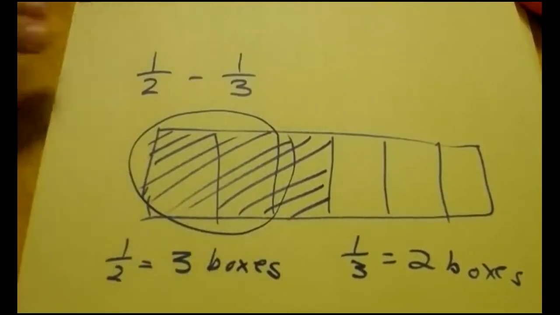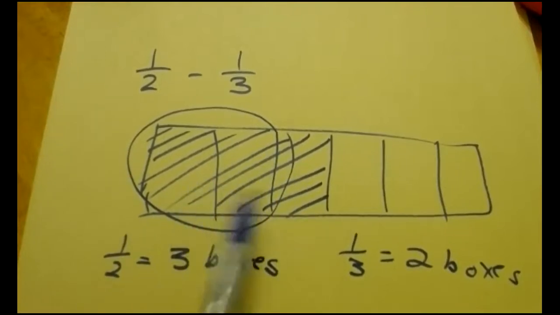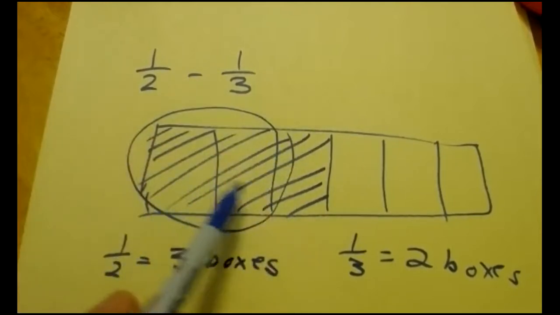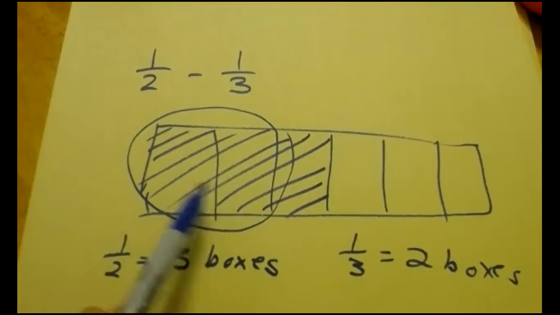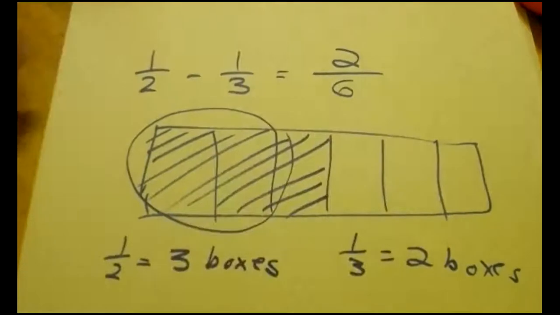I'll show it with a circle. They show that often, something where you do a larger one minus a smaller one, where there's shading for the larger quantity and a circle for the lesser quantity. Now there are 2 boxes in this lesser quantity. So the answer is 2, and the denominator will be 6, like so, because we have 6 parts.